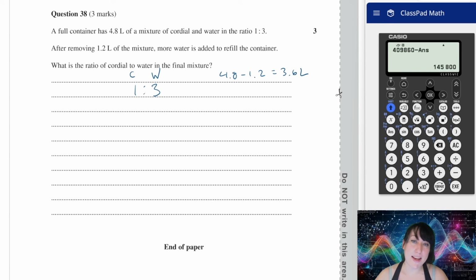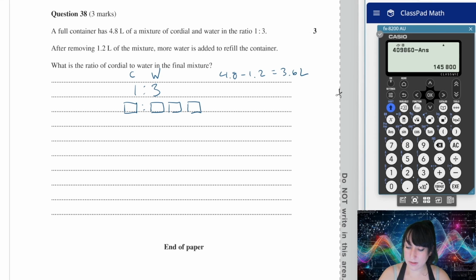So we need to split that 3.6 liters into that ratio. With ratios, what I like to do to demonstrate them is to draw a box for each part. So on the left, on the cordial side, we have 1 box. On the right, on the water side, we have 3. All we have to do is split or divide the 3.6 liters that's in there into these 4 parts equally.